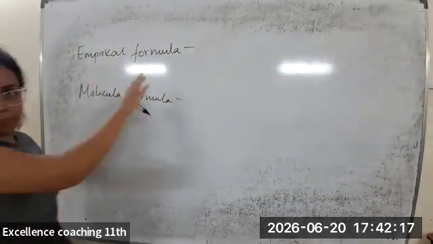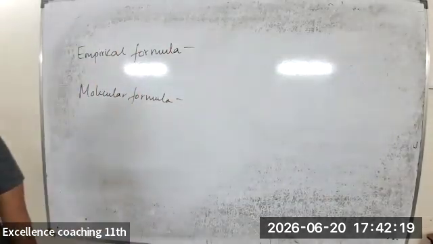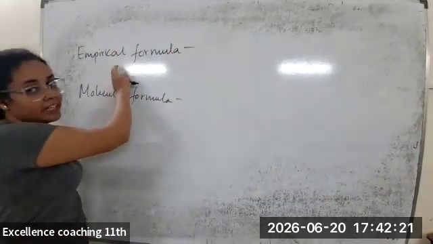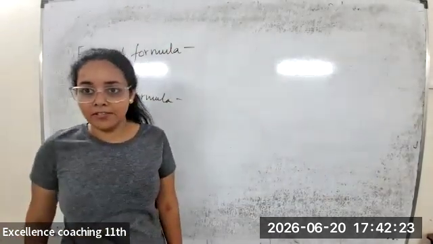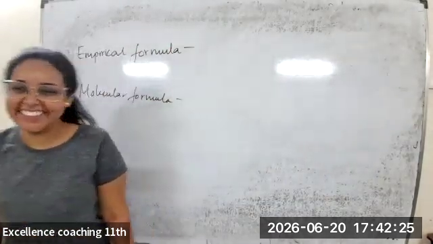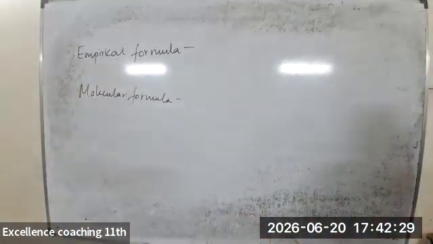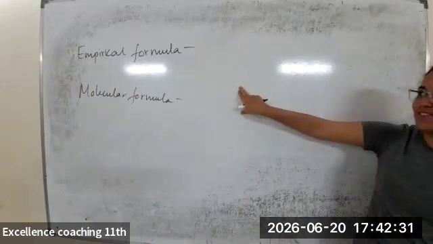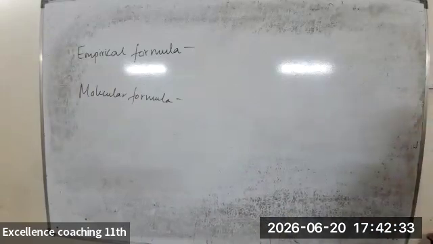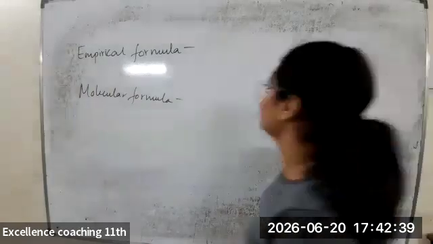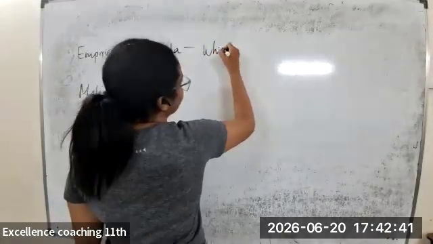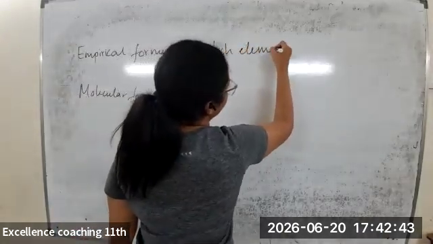So what do we understand by both? Basically, the difference between both is that the empirical formula will basically tell you which elements are present in that particular compound. It just gives us which elements are present.